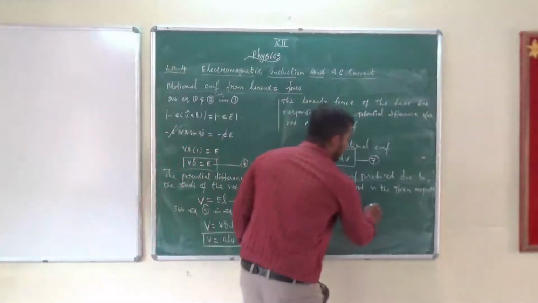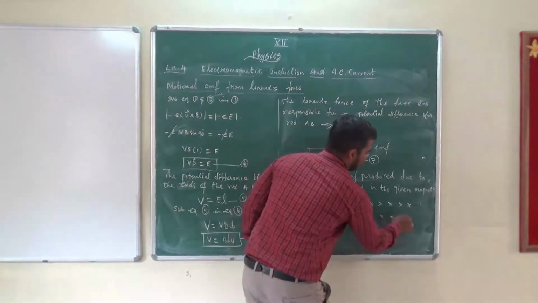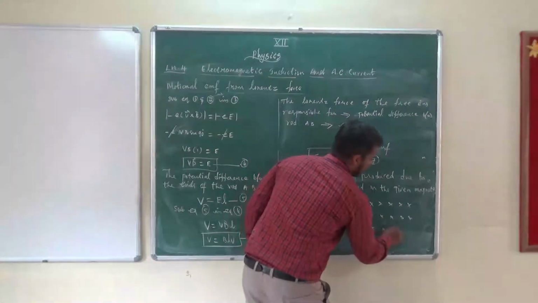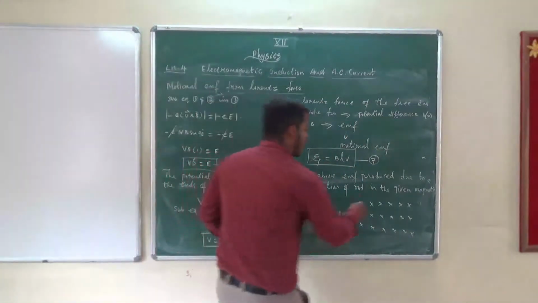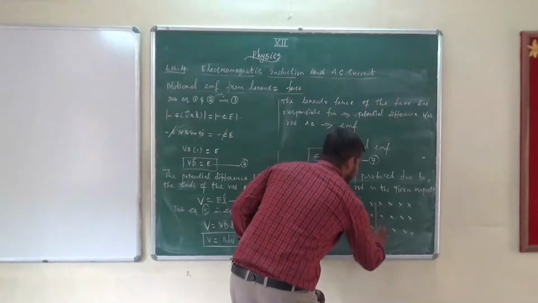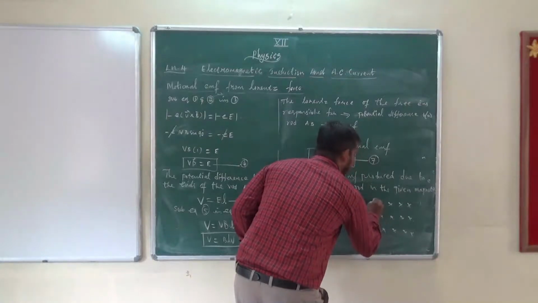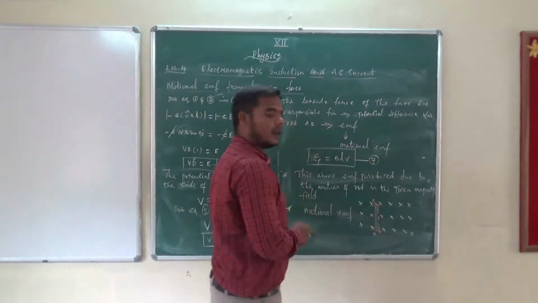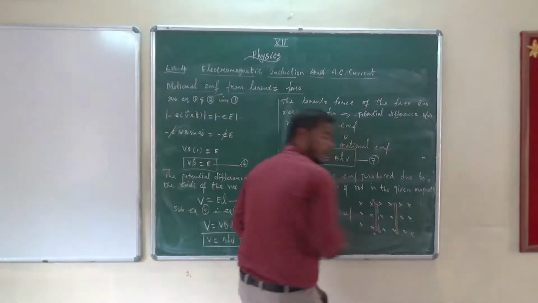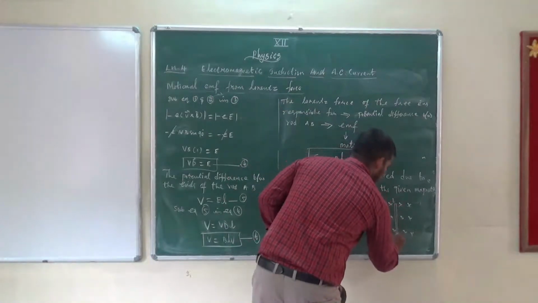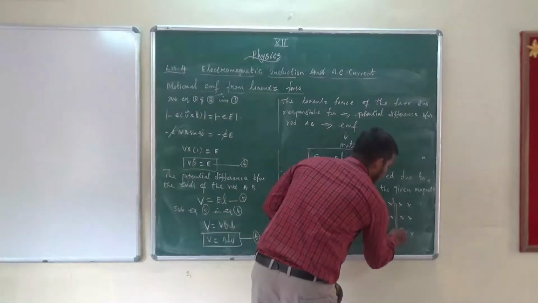For example, once again the diagram, uniform magnetic field, isn't it? The rod moves in the magnetic field, the length of the rod is L. When the rod moves a certain distance to the right in the magnetic field B, free electrons move from B to A, and a number of free electrons accumulate here.